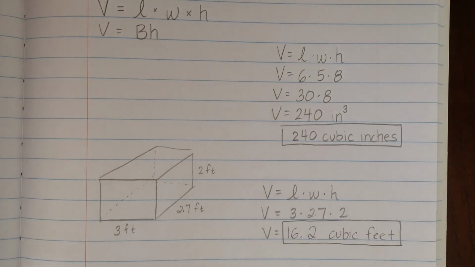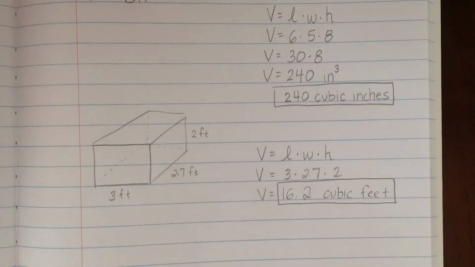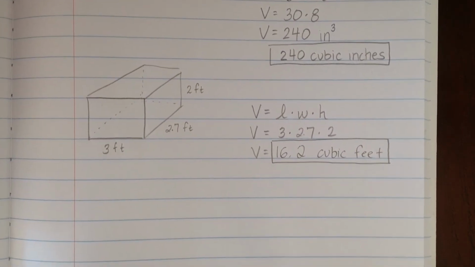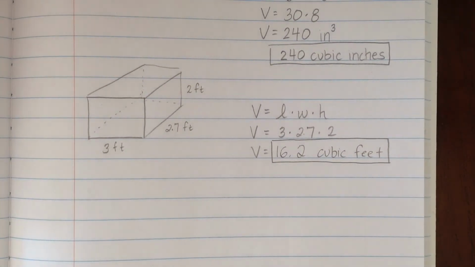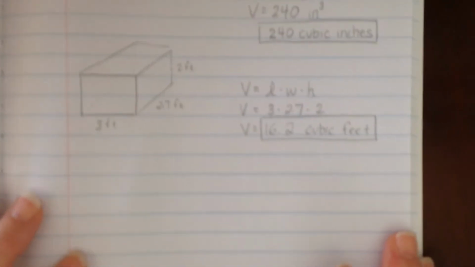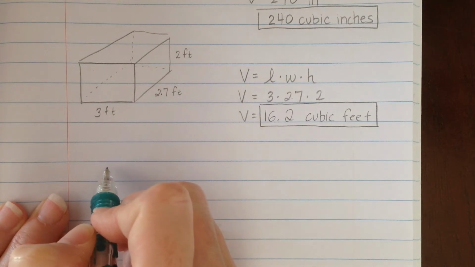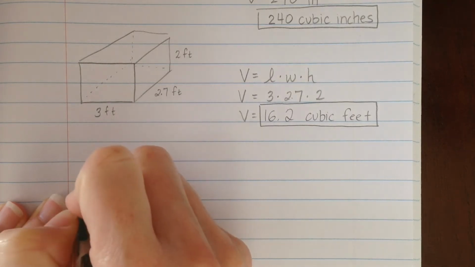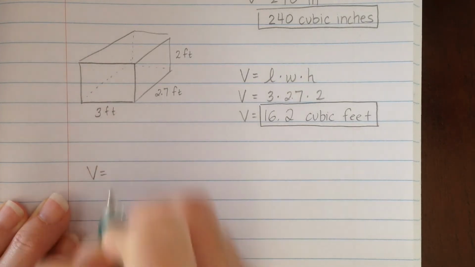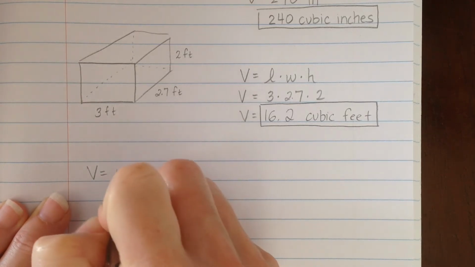All right. Let's say you get something that ends up being a very, very large number of units, over 1,000. So let's do an example here where we have maybe a rectangular prism with side lengths. Let's say our side lengths are 12.4.